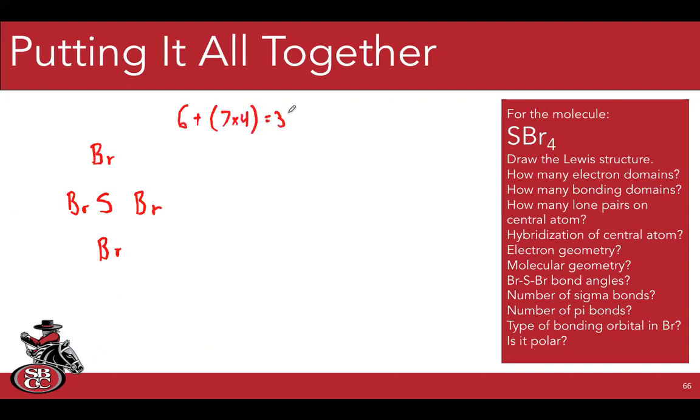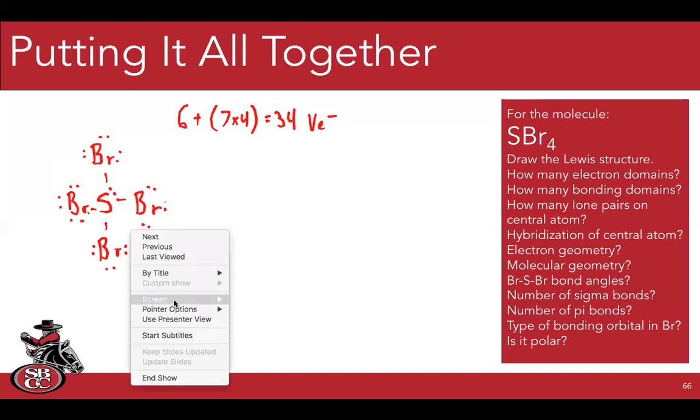That gets us to 34 valence electrons. So we'll start putting our bonds in: 2, 4, 6, 8, 10, 12, 14, 16, 18, 20, 22, 24, 26, 28, 30, 32. Sulfur is in period 3. We can expand its octet, 34. So how many electron domains do we have?